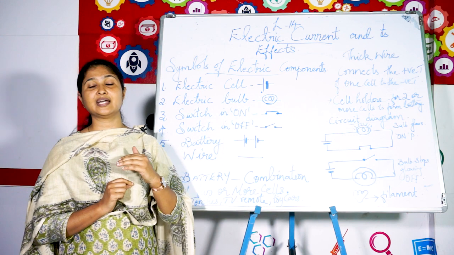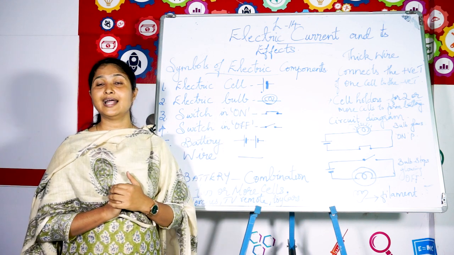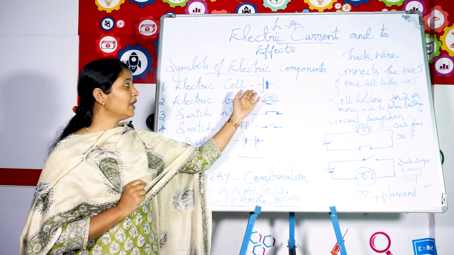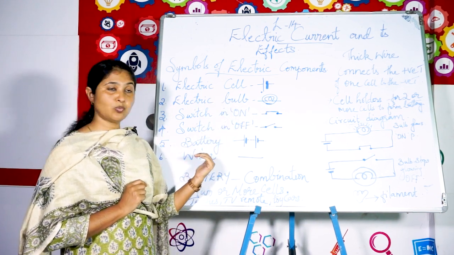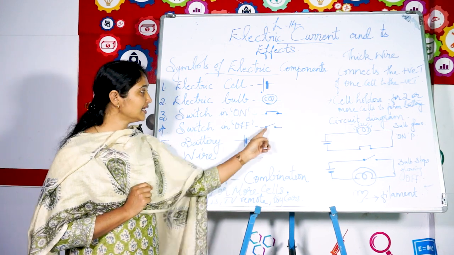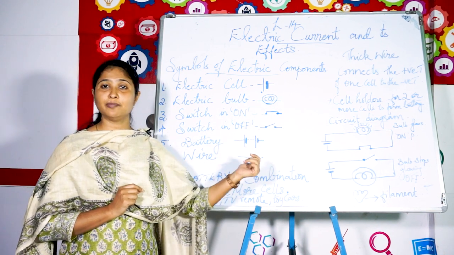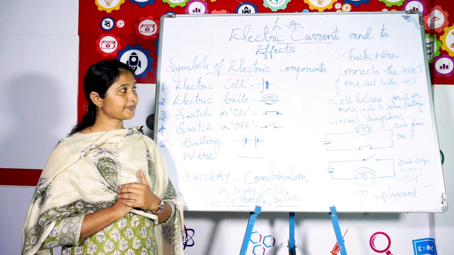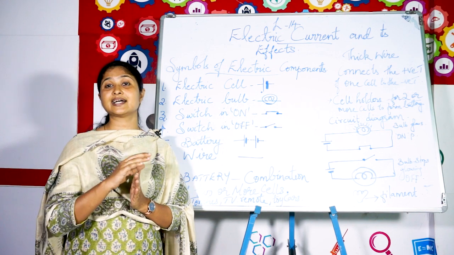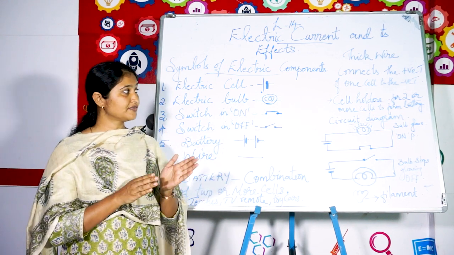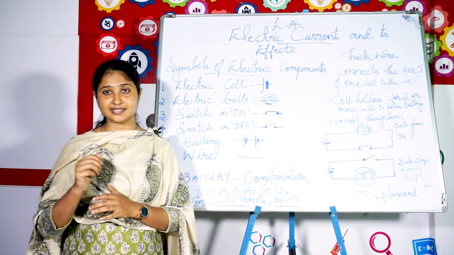So in this lesson we have started with the symbols of electric components. We have seen how the electric cell, bulb, switch and wire are represented using symbols. We studied what a battery is: a combination of two or more cells. Next we saw how the cells in a battery are connected with a wire, that is, the positive terminal of one cell is connected to the negative terminal of the other cell.